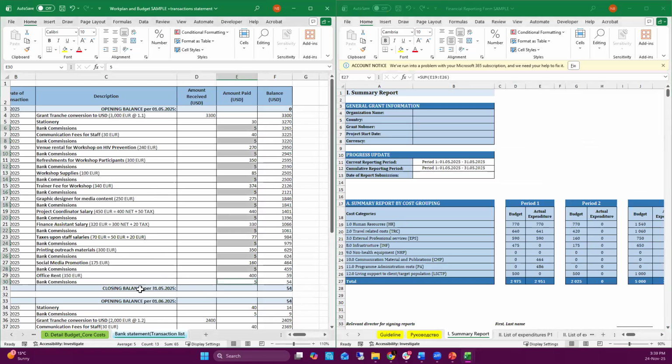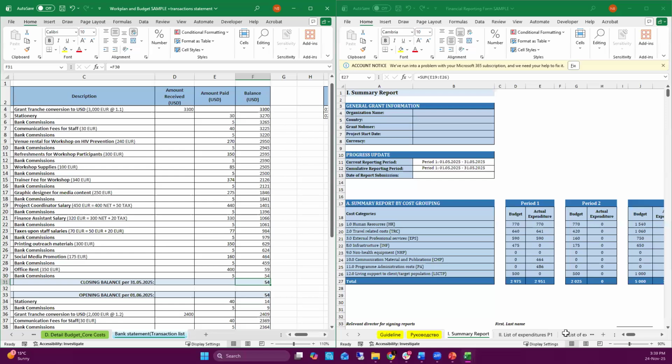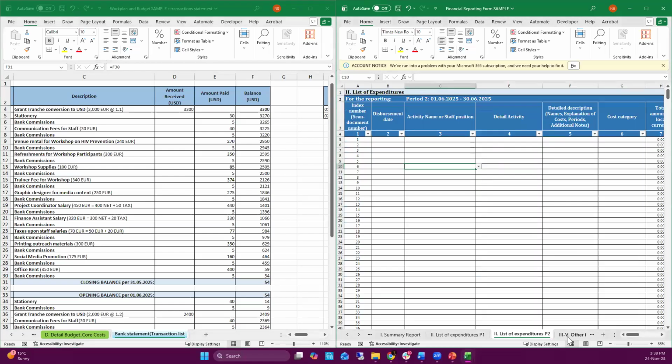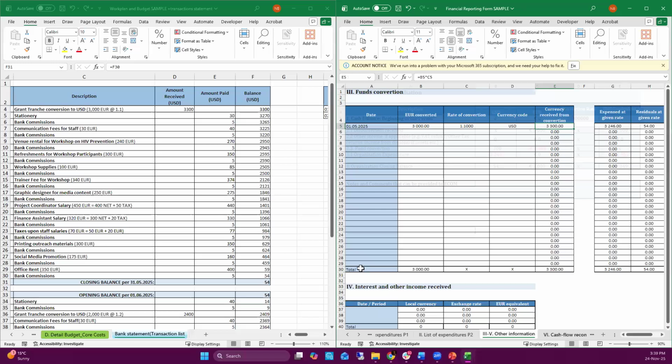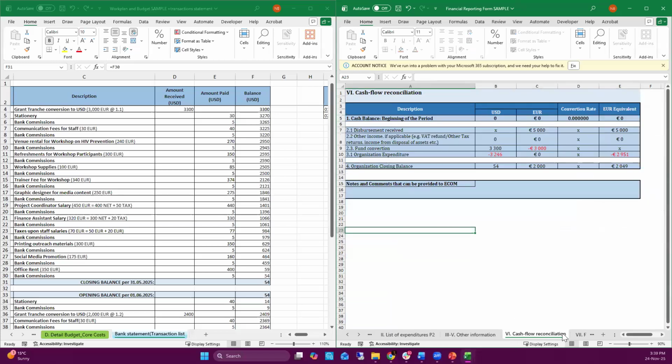In the statement, we see that our closing balance at the end of the period is 54 USD. If we go to the page cash flow reconciliation, you will see that our residual is 54 USD.